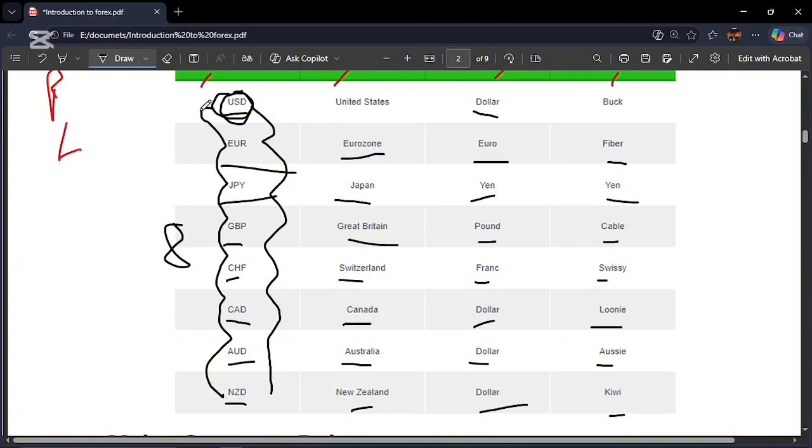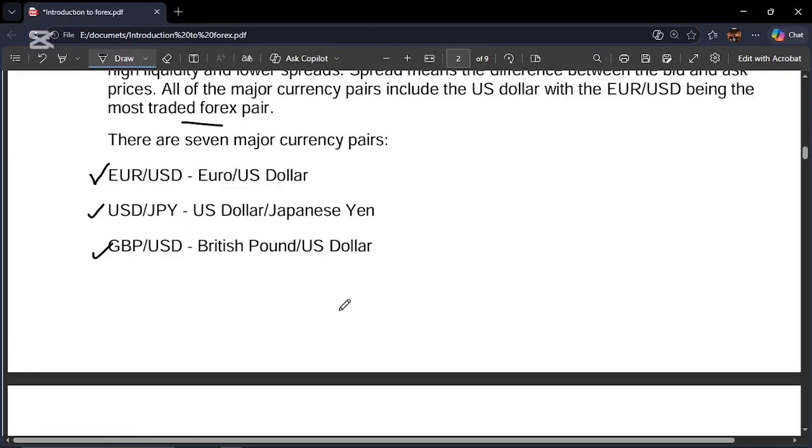Since we have 8 currencies and we fix one, pairing it with the rest, we end up having 7 pairs in the market. So let's first go to charts.